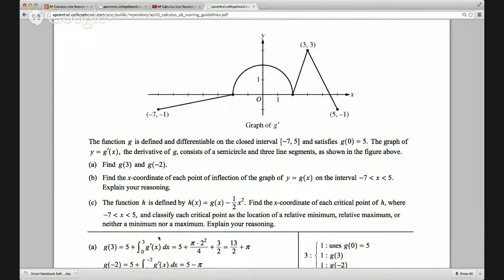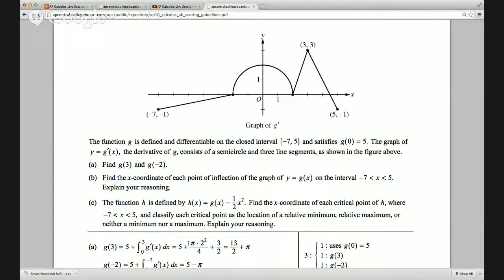Okay? So from 0 to 3, the area is, we have this little quarter circle instead of a semicircle with a radius of 2. So that's why we have pi times 2 squared over 4, pi times the radius squared divided by 4, because we're looking at a quarter of a circle, plus 3 over 2, because we have a height of 3, a base of 1 in this triangle, and the area of a triangle is base times height divided by 2.